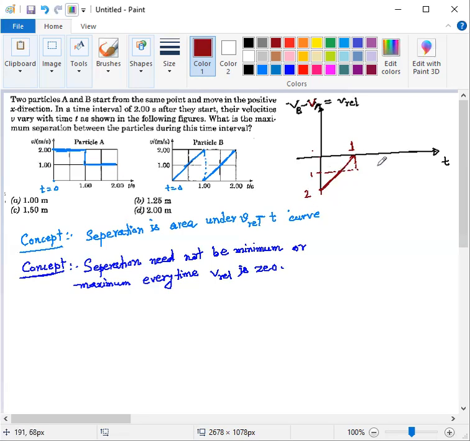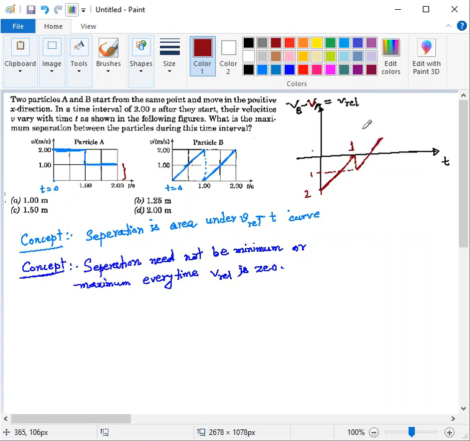In the second part, in a similar manner, here the separation is 2 unit velocity, and here 1 unit. So we shift this graph by this much, and then redraw the graph as this one.